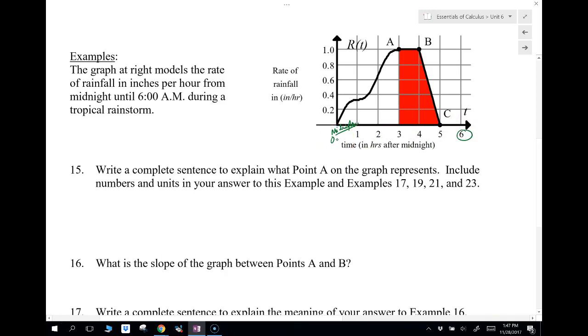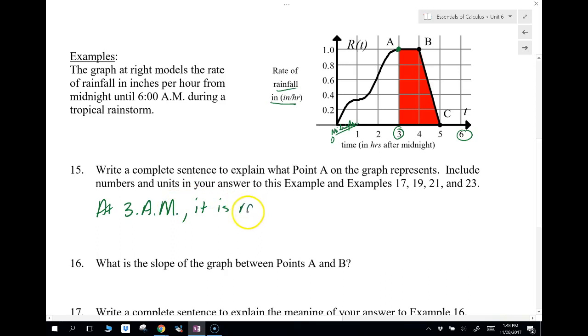So let's go ahead and write a complete sentence that represents what the point A represents. All right, so we're looking at this point A. Now remember, the point A represents the rate of change of whatever we're talking about. So this is the rate of rainfall at 3 a.m. At 3 a.m., what's happening?